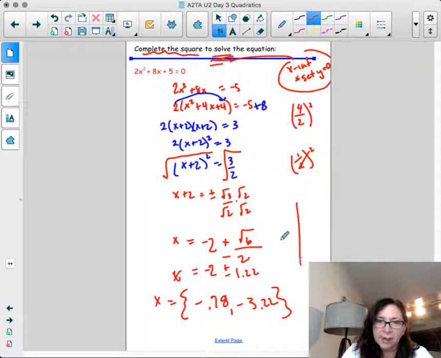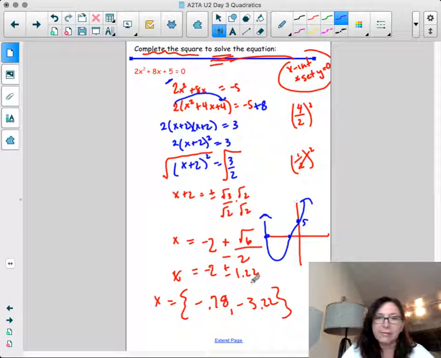So basically, if I were drawing a graph of this equation, I'd have a pretty good idea of what it looks like. I've got values at -0.78 and -3.22, and I also know that my y-intercept is 5. So basically, my graph does look something like this. It goes through that, kind of. Okay.